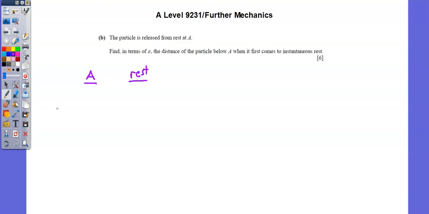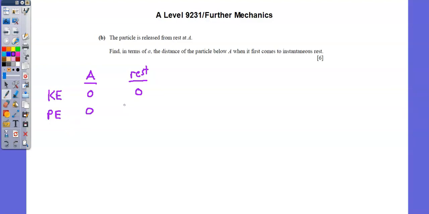I'm going to show what my three energies are and then equate the sums of those three energies. Kinetic energy is 0 at the beginning, there's no motion, and at rest, 0, there's no motion. Potential energy needs to reference a starting point, so I'm going to call A the starting point, where this is my level of 0.